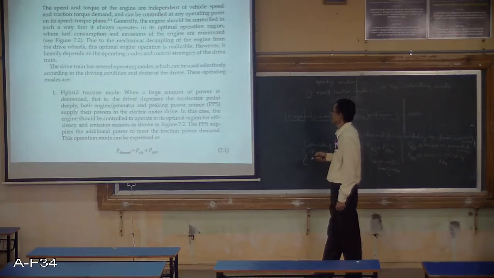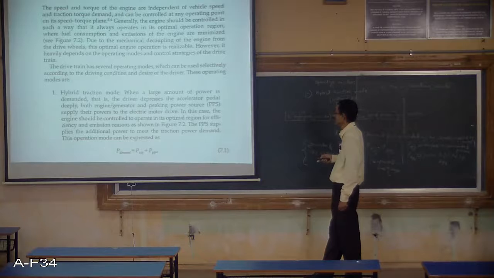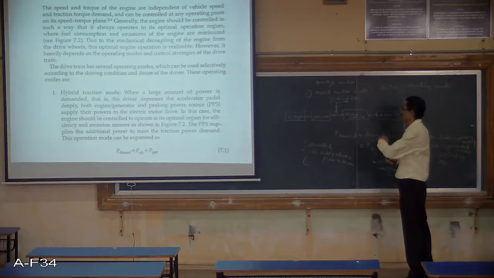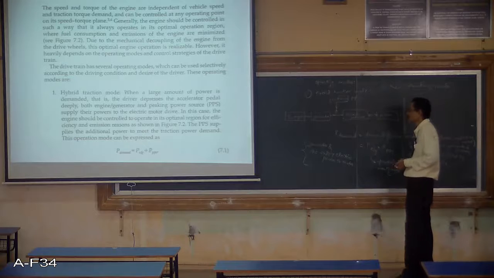The PPS supplies the additional power to meet the traction power demand. This operation mode can be expressed as the equation written here. P demand will be equal to PEG plus PPS.